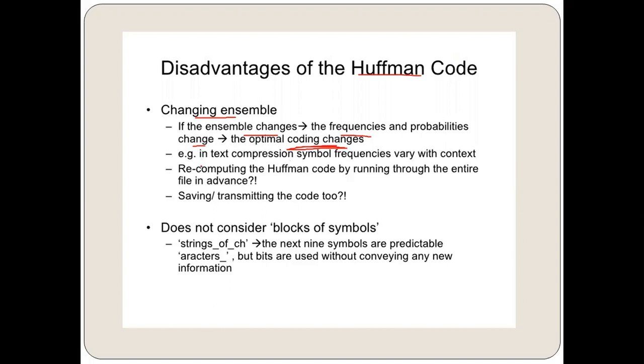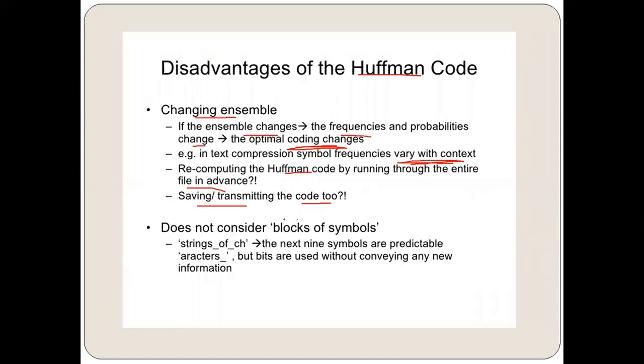In text compression, symbol frequencies vary with the context, so again we have to generate the complete sequence of codes for this text. Recomputing the Huffman code by running through the entire file in advance is again a disadvantage. Whenever we work on a transmission, saving and transmitting the code is also necessary. We are going to transmit the code also in Huffman coding.